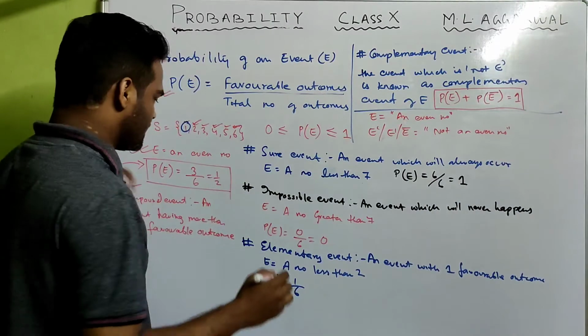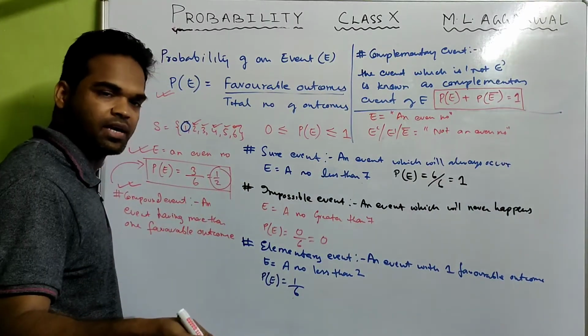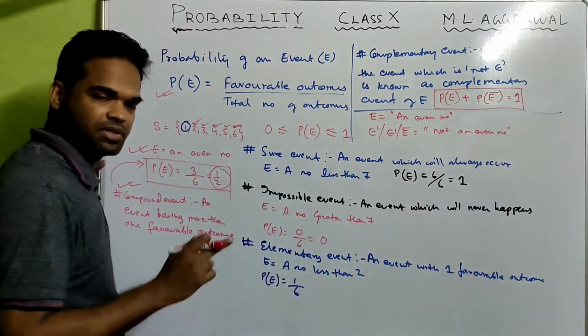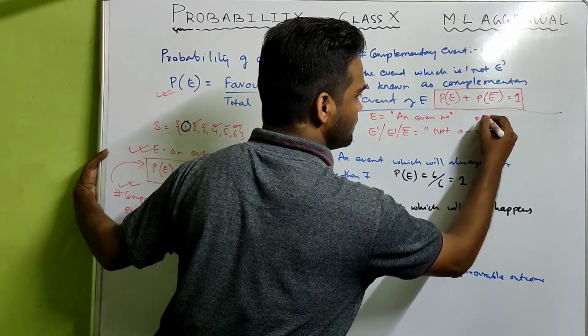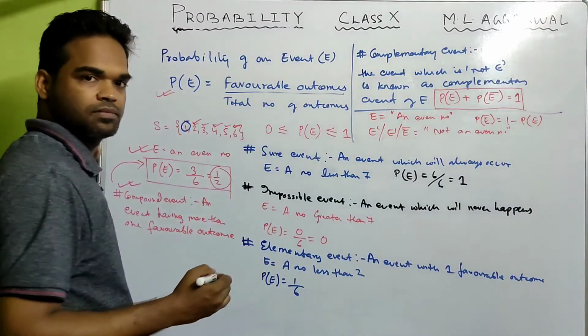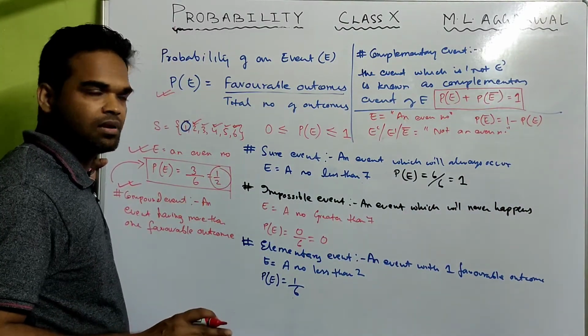So probability of getting an even number is half. So probability of not getting an even number will be 1 minus half, isn't it? P(E bar) will be 1 minus P(E), so it will be 1 minus half, that's half. Am I clear?